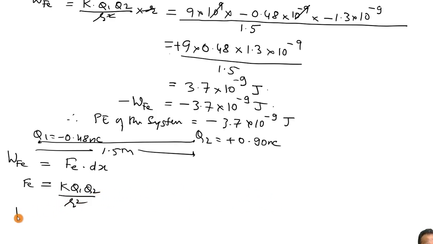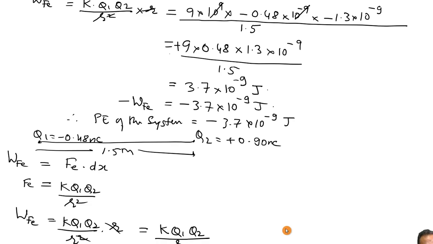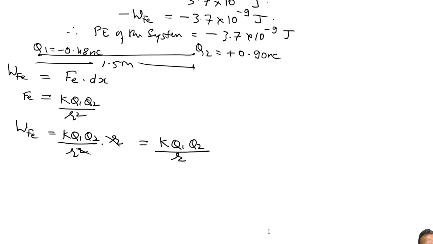Now your work done due to Fe will be equal to K into Q1 Q2 upon R square, that is for Fe, times dx. Dx is the distance between the two charges, and that is R. So now this R and this will go. So my answer for work done due to electrostatic force will be equal to K times Q1 Q2 divided by R.